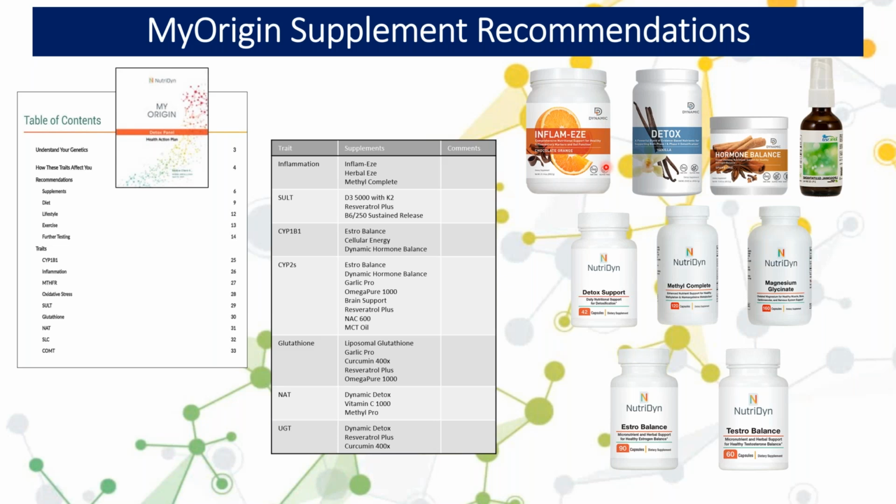many options, and obviously as doctors and practitioners, we need to be able to make the final decision. But what I like about this report is when I see things mentioned multiple times, then I know it's something I need to pay attention to. Now, sometimes I might say, oh, well, there's some resveratrol, but I know there's resveratrol in the detox formula anyway.